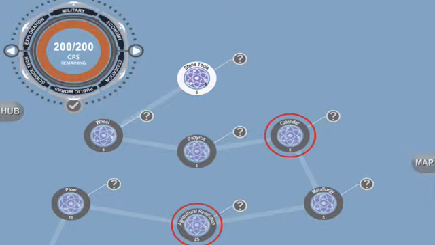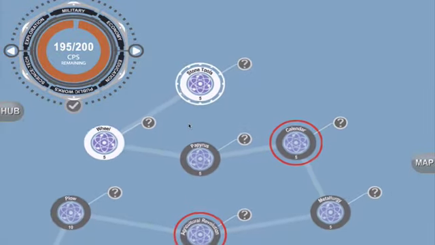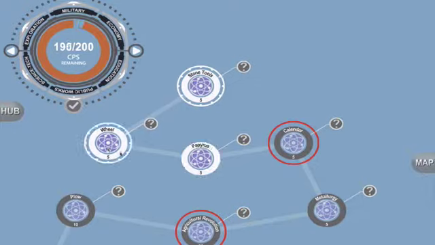So I'm going to start by purchasing stone tools. It's 5 CPs. And as I purchase it, it lights up here, and then it unlocks the wheel. I can unpurchase things by clicking them again.